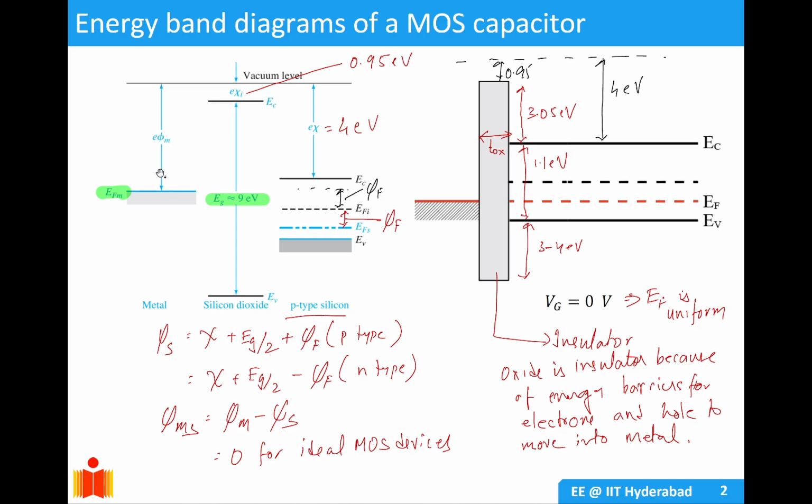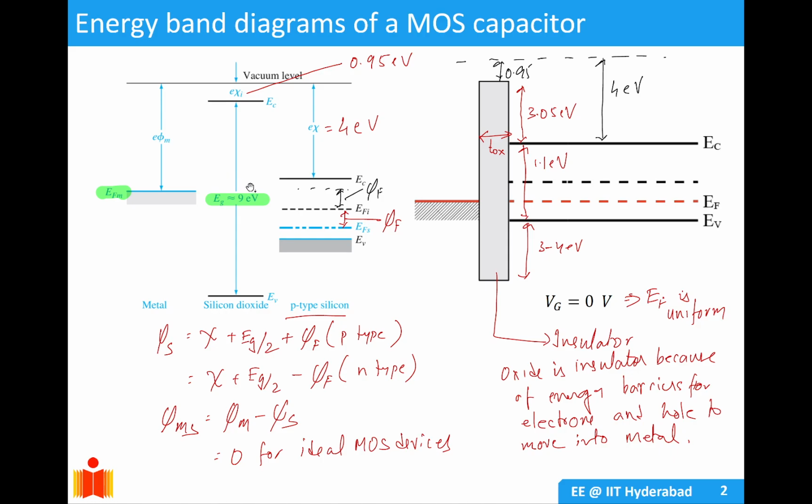It will be common for all of them when they are not connected. For metal, the band diagram would be the Fermi level, which is at a distance of the work function of the metal. So this is phi m, which is the work function of the metal. E phi m is the metal Fermi level. Then for oxide, we take the electron affinity for the oxide and the band gap.